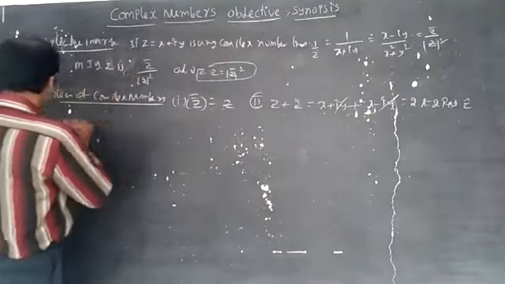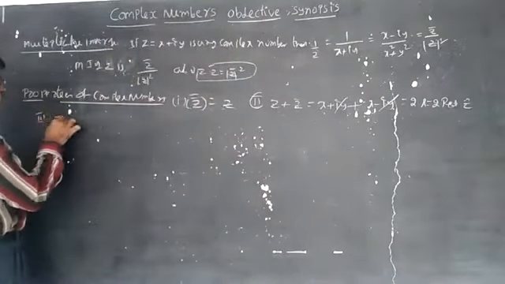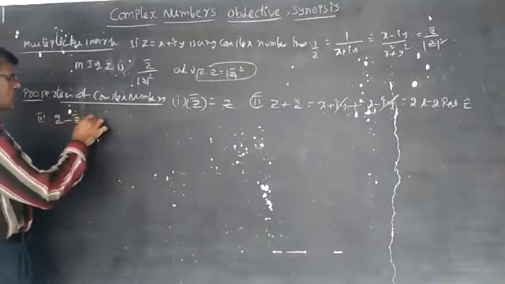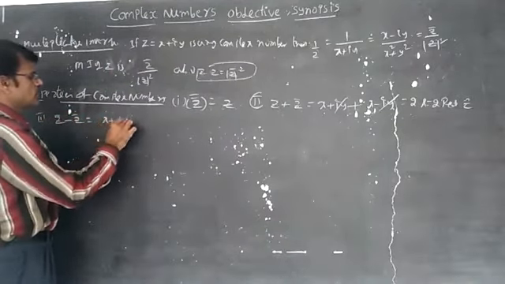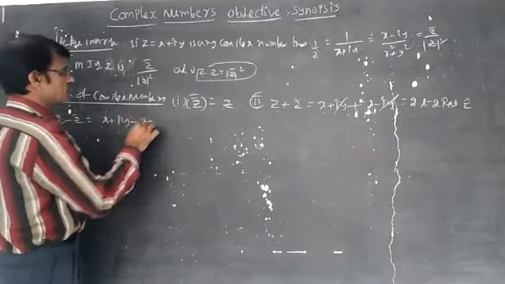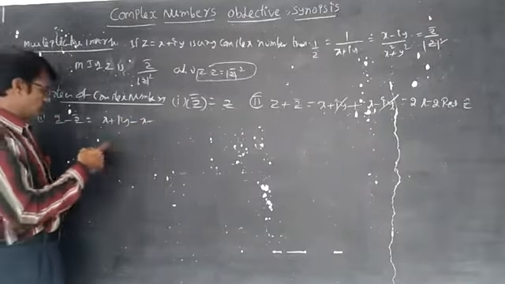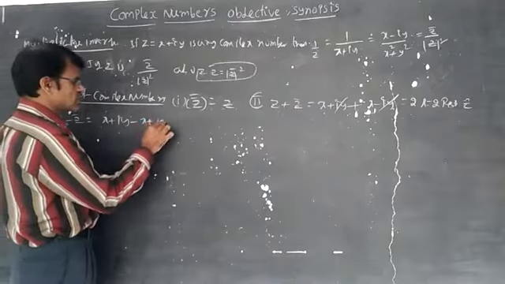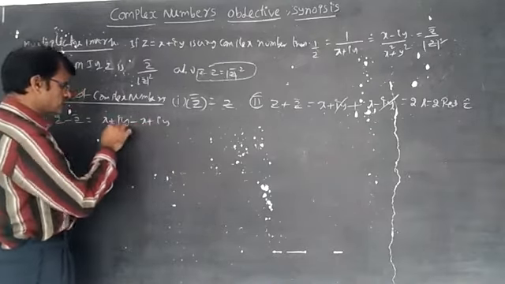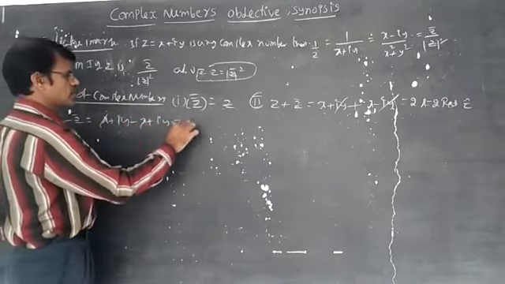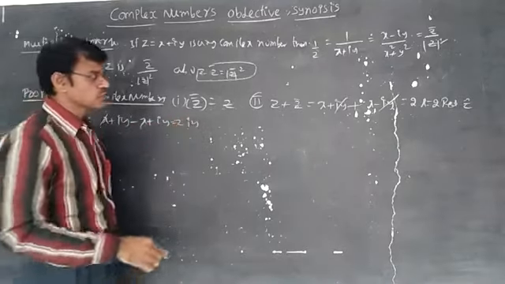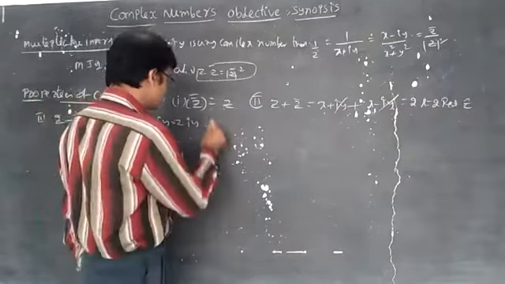In the similar way, you can write z minus z bar or z bar minus z. Z minus z bar you write as x plus iy minus of x minus iy. It becomes x plus iy minus x plus iy. The x and x get cancelled. It is 2iy.